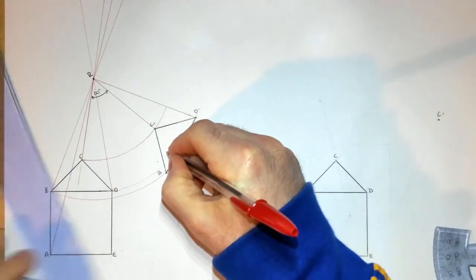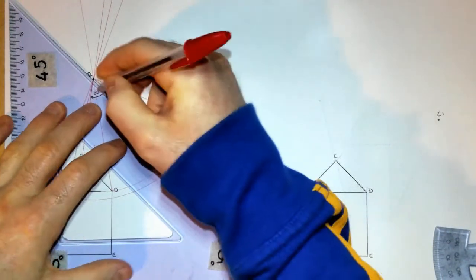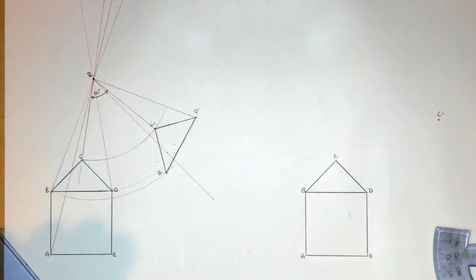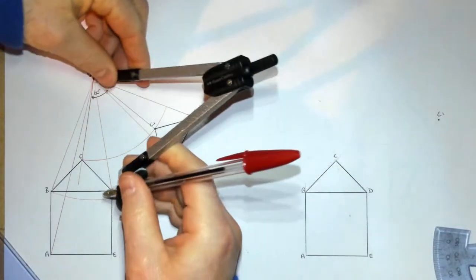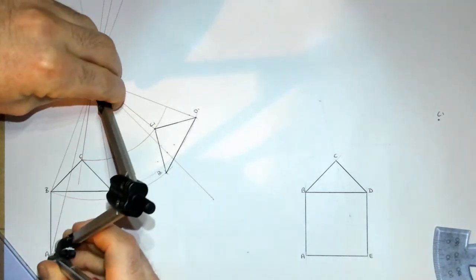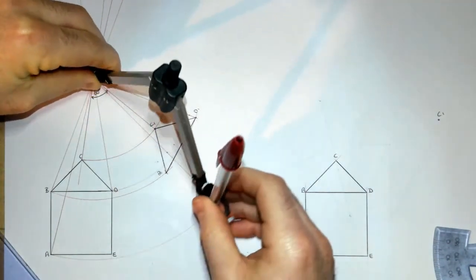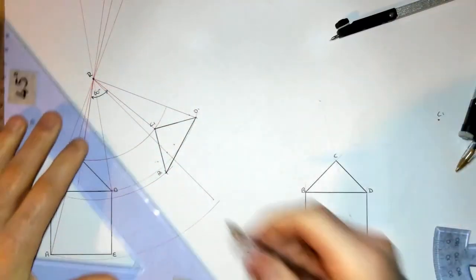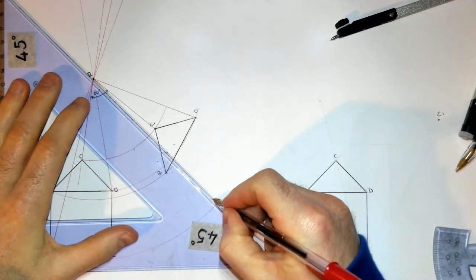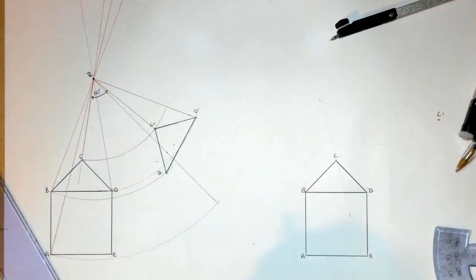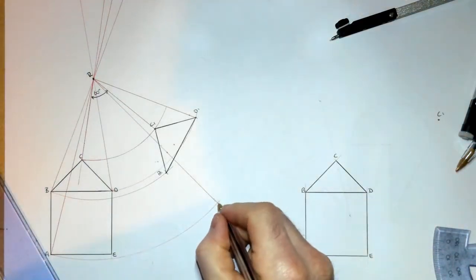I actually want to extend this one out as well, as it does get a little bit confusing inside there. And from R, rotate A around. As you can see there, just have to extend out my line a little bit further.